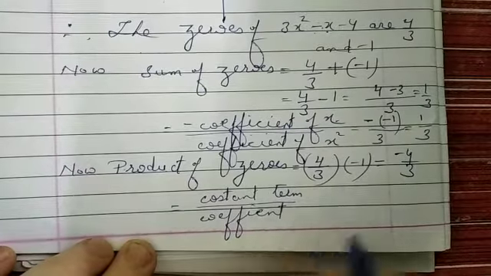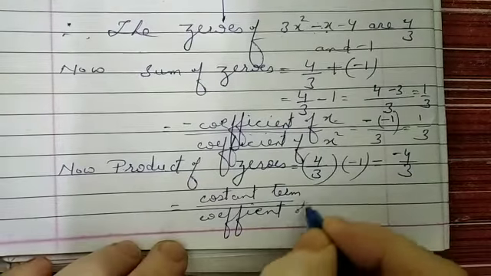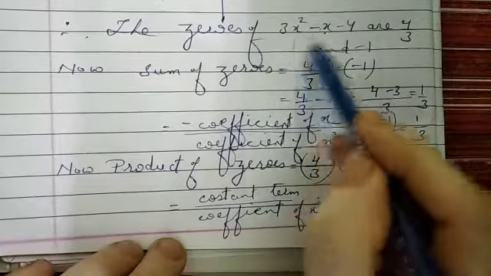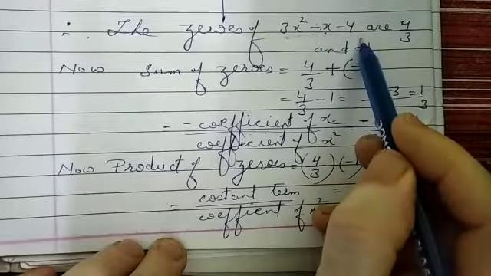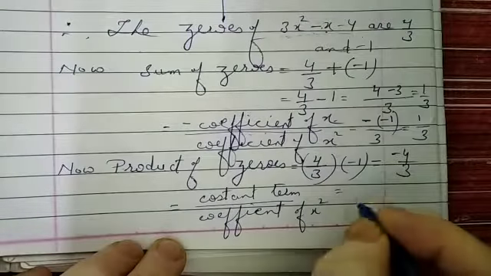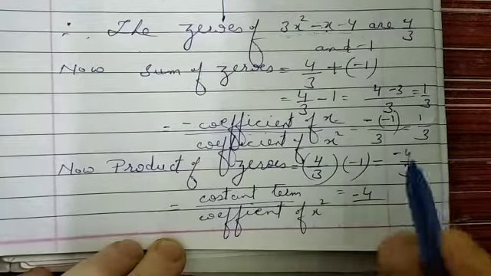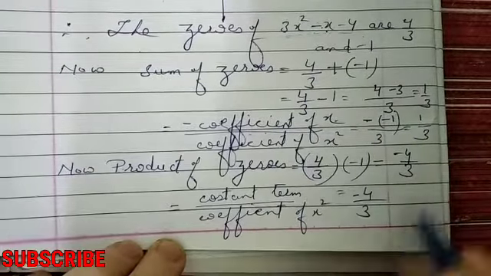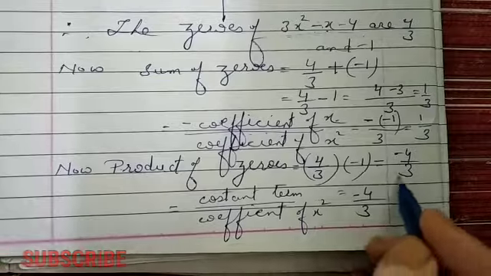You have to learn this formula. In this quadratic polynomial, the constant term is minus 4, so write minus 4 here, and the coefficient of x square is 3. Both are the same. That's why it is verified.